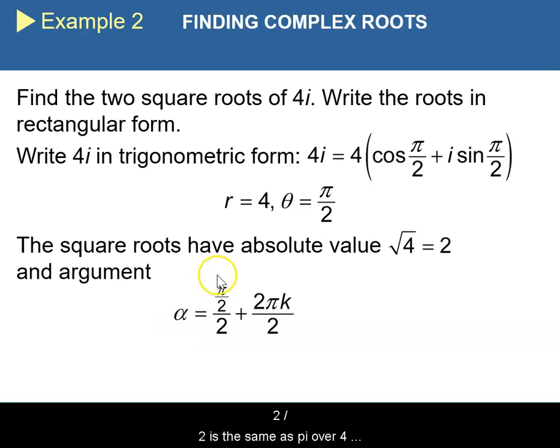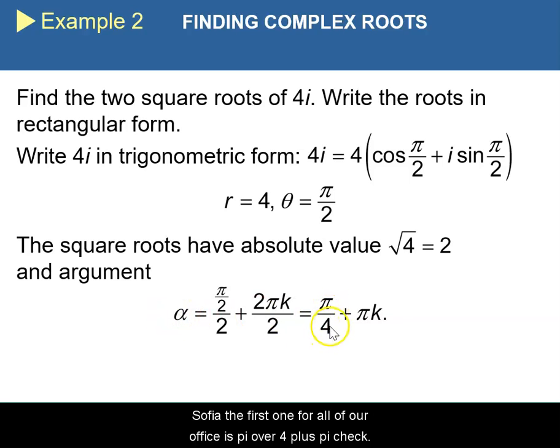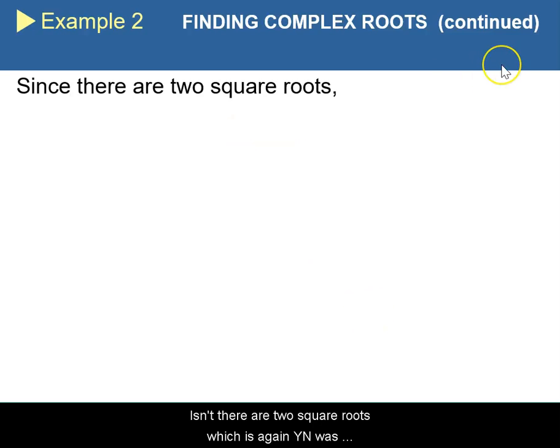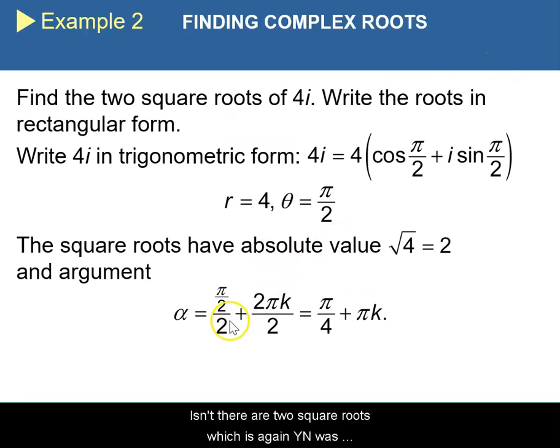So pi over 2 over 2 is the same as pi over 4. Here the 2's cancel, so we'll have pi over 4 plus 0 for the first k, which is k equals 0. And then for the next one, we will add 1 pi onto that value. So for all of our alphas, it's pi over 4 plus pi k, and since there are 2 square roots, which is why n was 2 in this case.